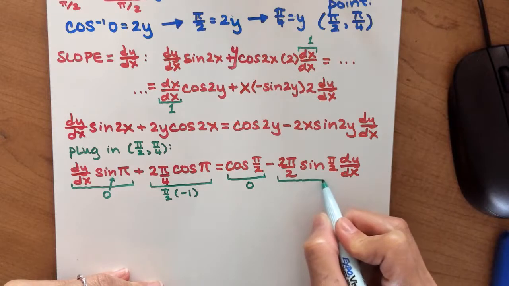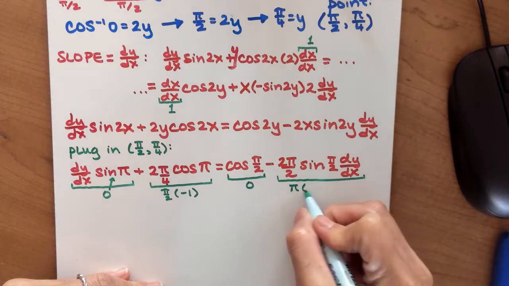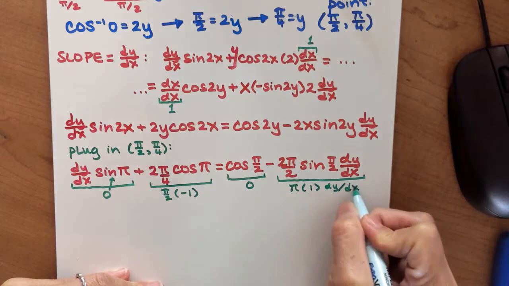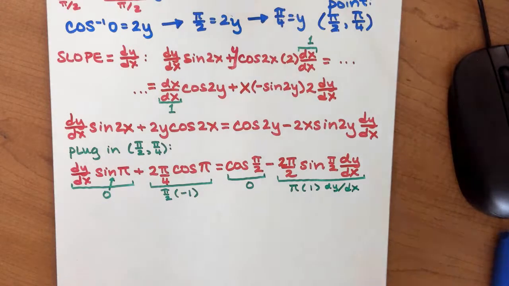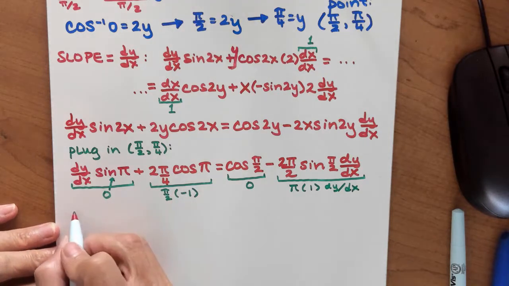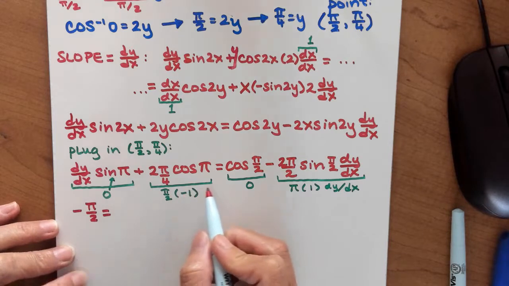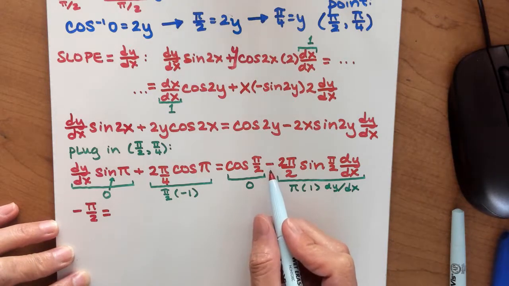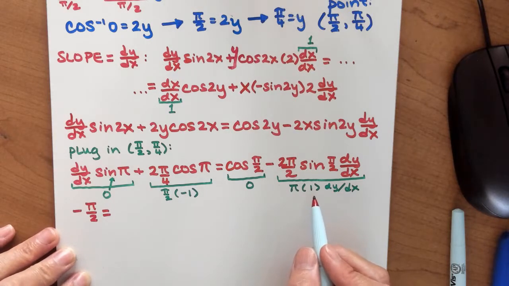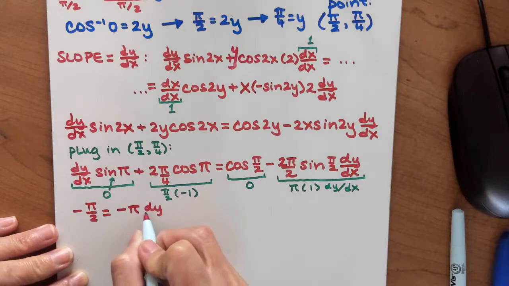And here I have pi times 1 times dy dx. Alright, when I write it all out, what do I have? Negative pi over 2 equals negative pi dy dx.